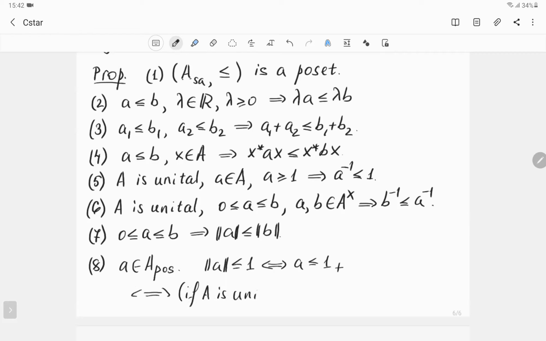So it's a poset. For example, our order relation is transitive because the sum of two positive elements is positive. For the same reason, we have property 3. And property 2 follows from the fact that the product of a positive element by a non-negative number is positive. So 1, 2, and 3 follow from proposition 2.